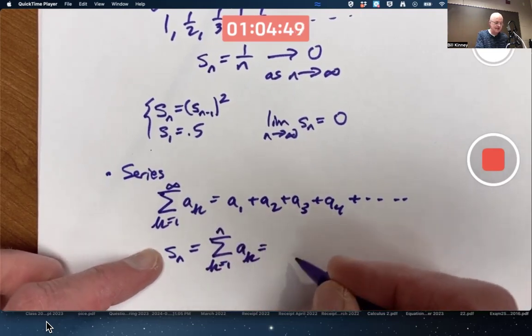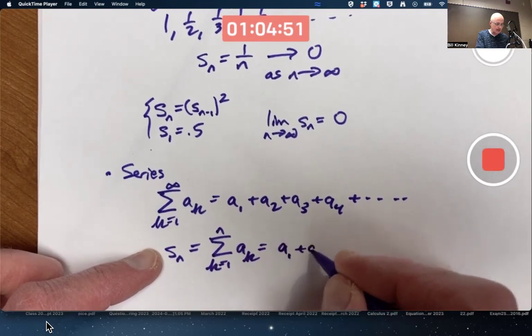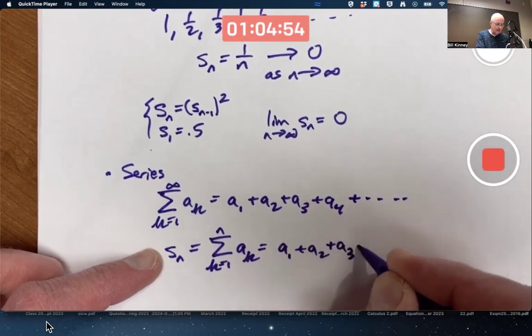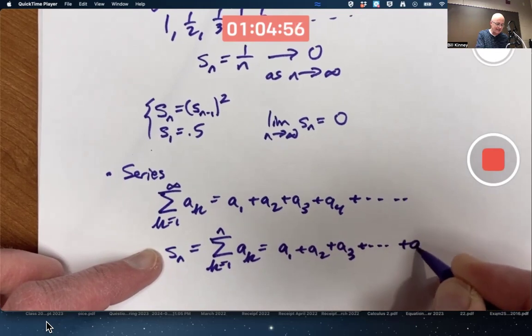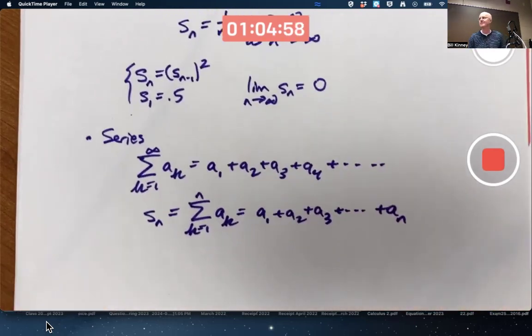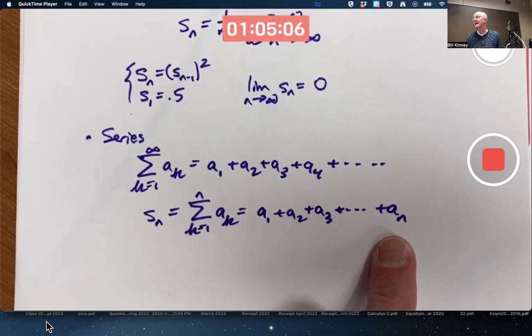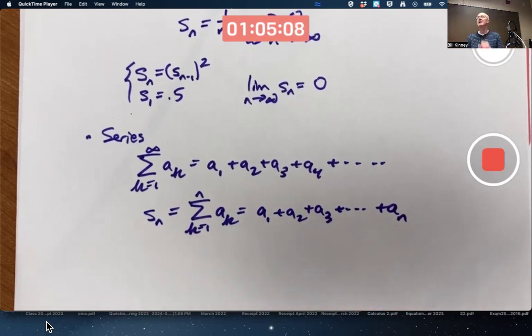Sn is the sum of the first n terms. A finite sum, no problem making sense out of that. We know what it means to add up finitely many things. I mean, the finite number of things could be humongous, like a Google things, but in theory, you could think about doing it.